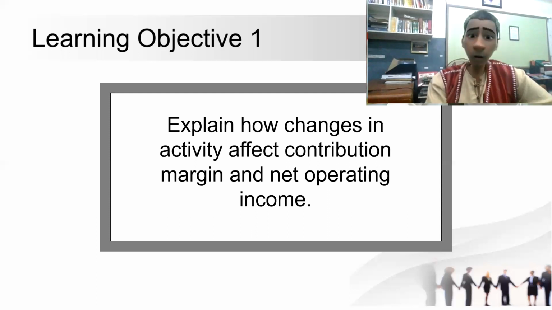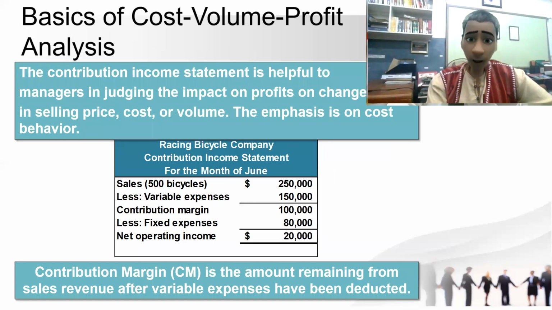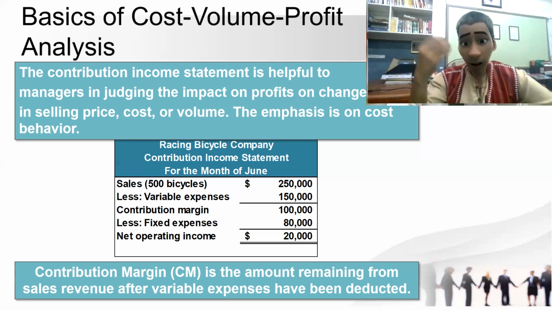Basics of cost volume analysis. The contribution income statement is helpful to managers in judging the impact on profits of changes in selling price, cost, or volume. So price, cost, volume, profit. The emphasis is on behavior because we would like to look into trends, because managers want to predict the outcome, the future.